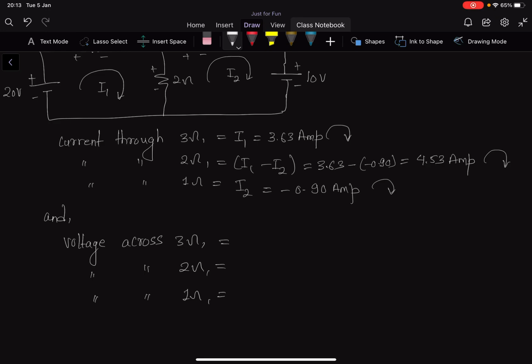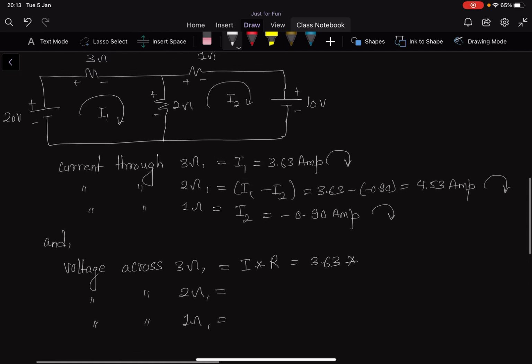We have already calculated the current, and simply multiplying with the resistor, because your voltage is nothing but current times resistor, isn't it? So we already have the current, which is I1, which is 3.63 times your resistor value, which is 3.